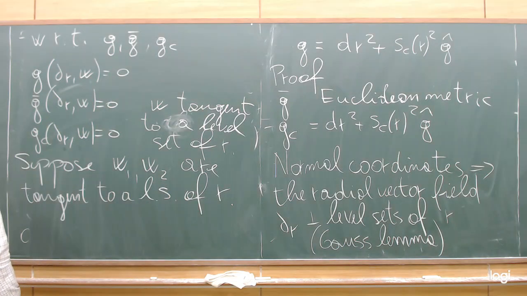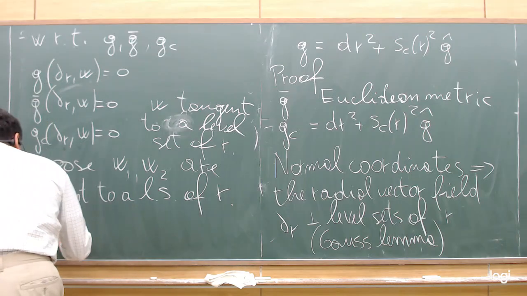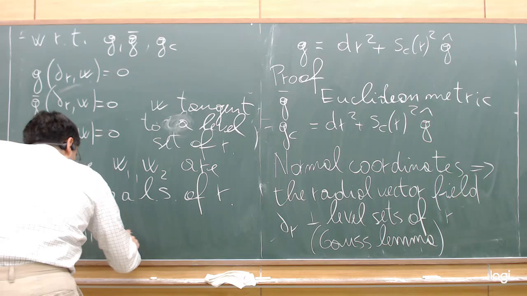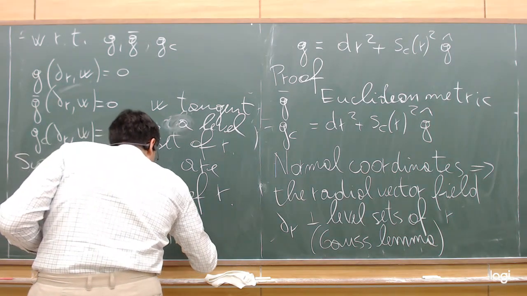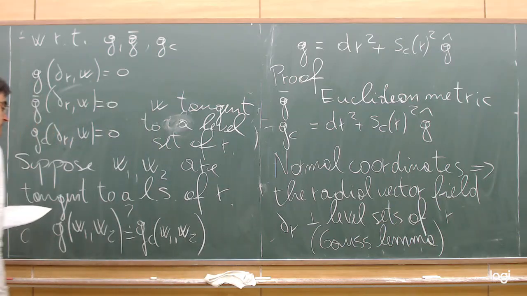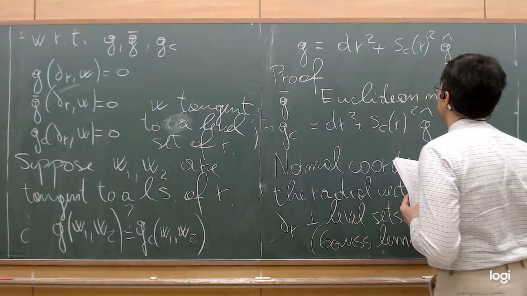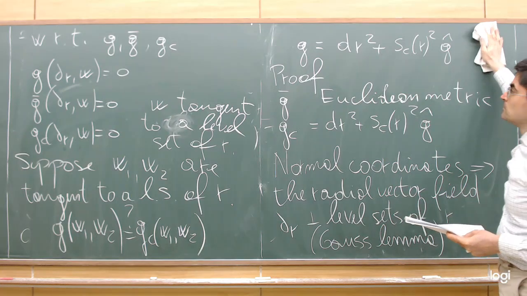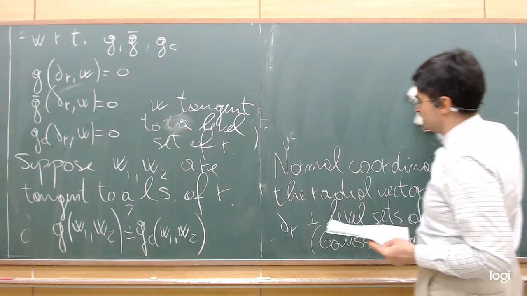It is true that G(W1, W2) is equal to G_C(W1, W2). In order to prove that, we use the polarization formula.